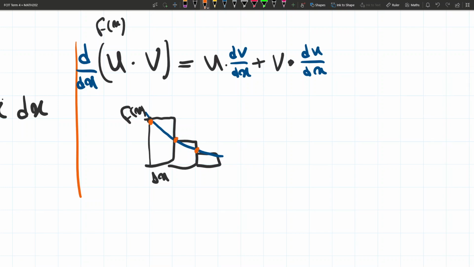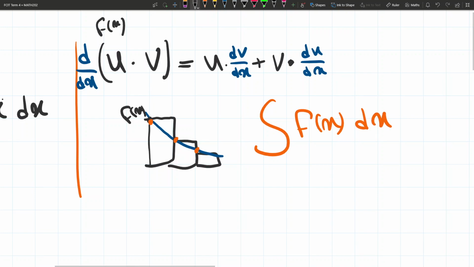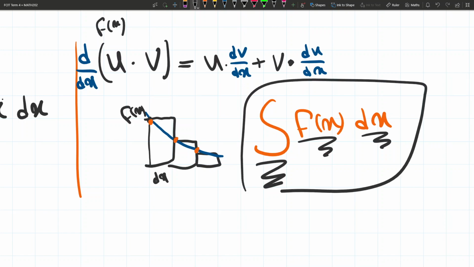And what integration does is that it takes the limit of this width to be 0 by using the Riemann sum. When that happens, it becomes dx. So when you see the integral of f of x dx, this is just saying the sum of f of x times dx. dx is that infinitesimally small width that you're multiplying with f of x to get some rectangle. And this is the definition of integration.